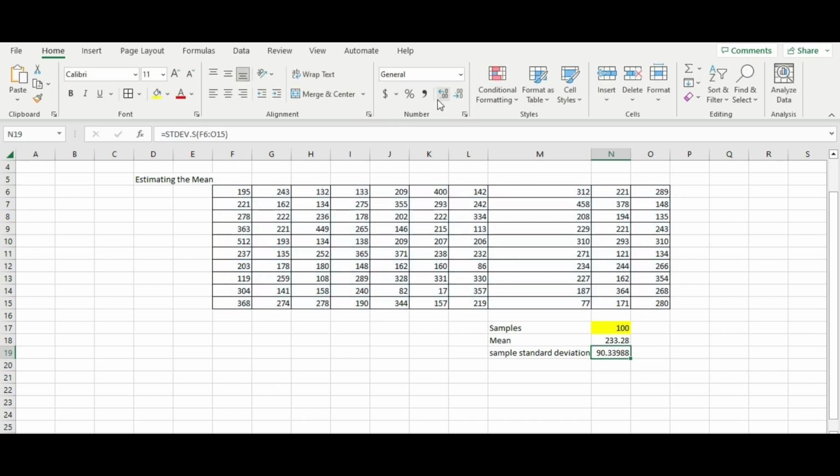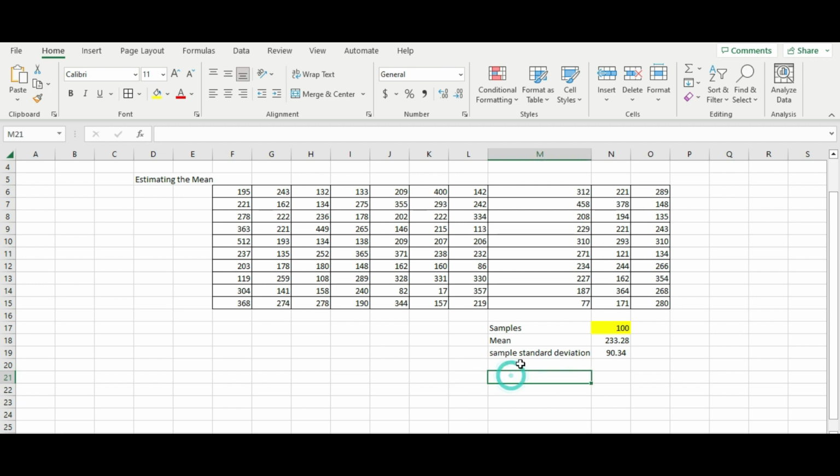So the standard deviation is 19.4. Compared to our last video, we don't have the population standard deviation, so we'll be using the sample standard deviation to estimate the confidence interval.